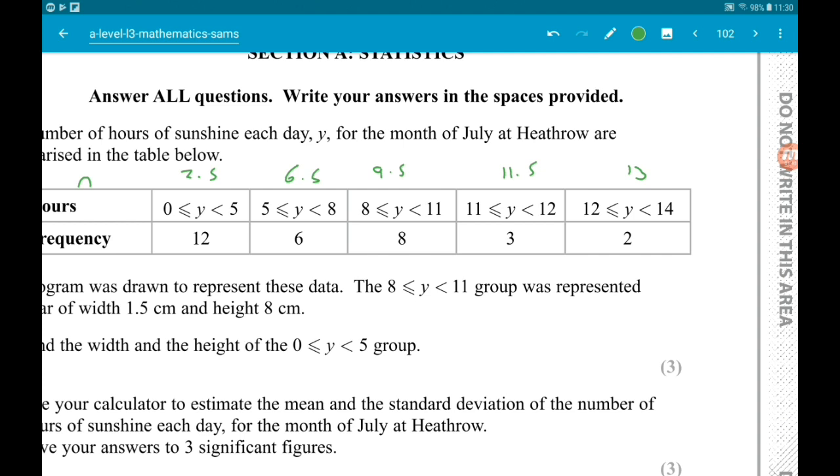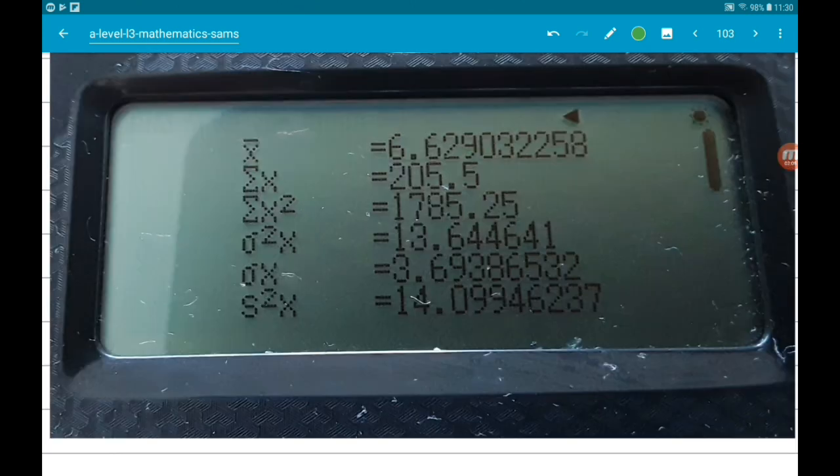Now you should be in a frequency table. For the x values, put in the midpoints. For the frequencies, put in the frequencies. When you put all of those in, go back to the main screen, and then you want option, and then variable calculations, and you should get this screen.